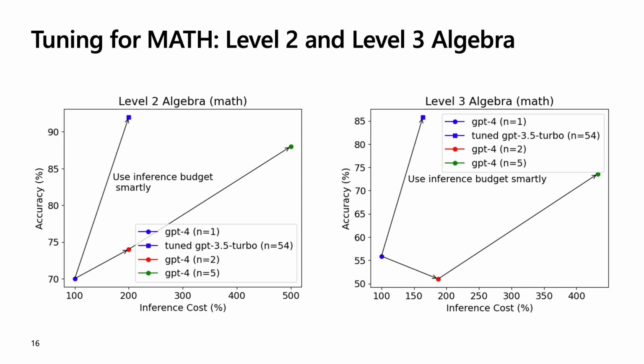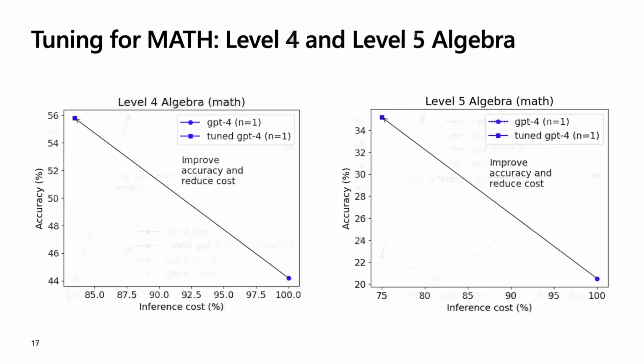The same observation can be obtained on the level 3 algebra test set. For easy problems, the tuned GPT-3.5-turbo model vastly outperforms untuned GPT-4 in accuracy. For example, 90% versus 70% in cost efficiency. For hard problems, the tuned GPT-4 is much more accurate.